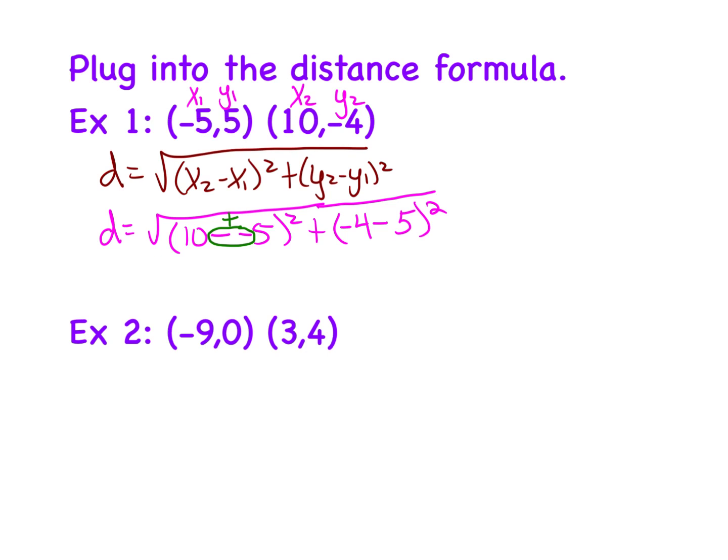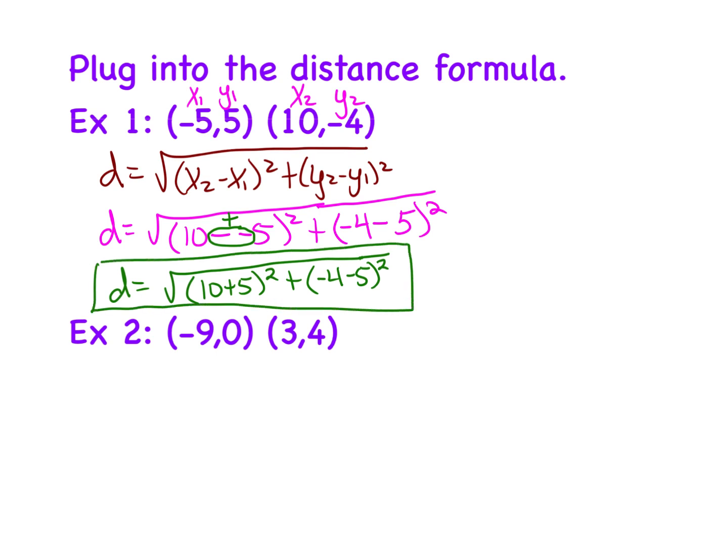If you don't have two negatives side by side, you would have just stopped with the previous step today. But since we have the two negatives, we just have to rewrite it. Distance is equal to the square root of 10 plus 5 squared plus -4 minus 5 squared. Those two negatives become positive, so we just bring it down. And that's it.